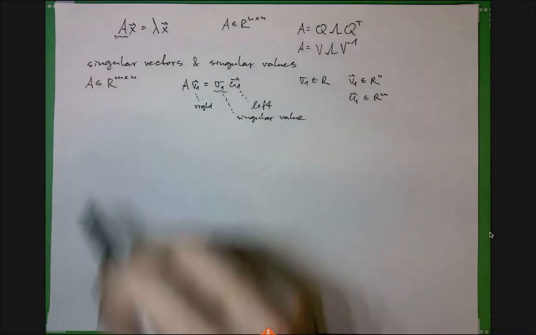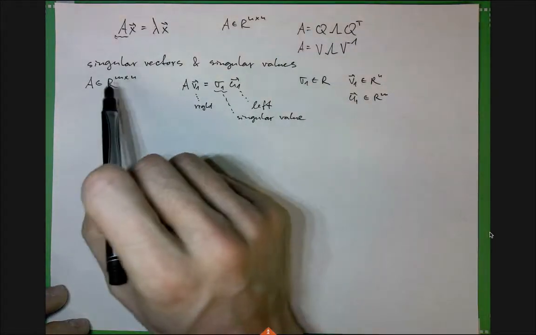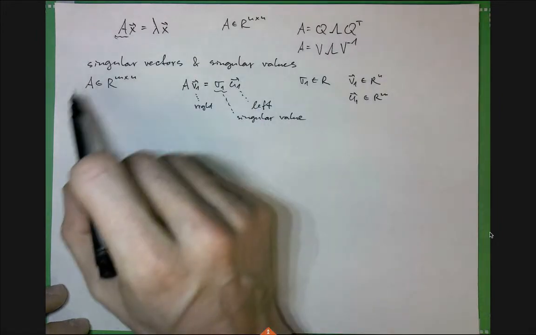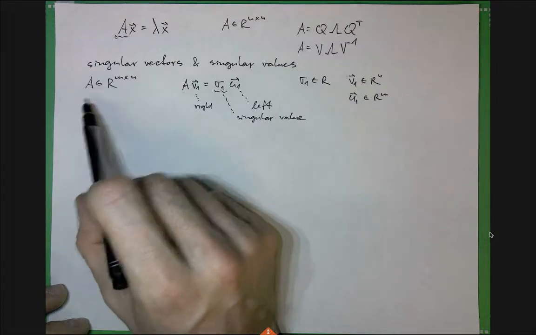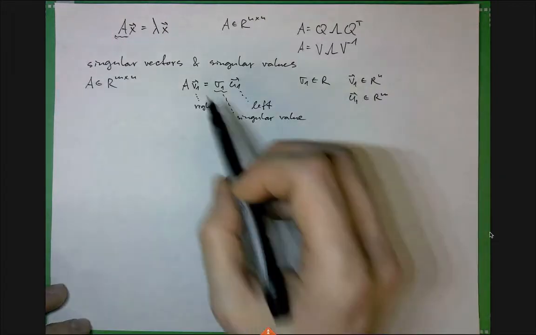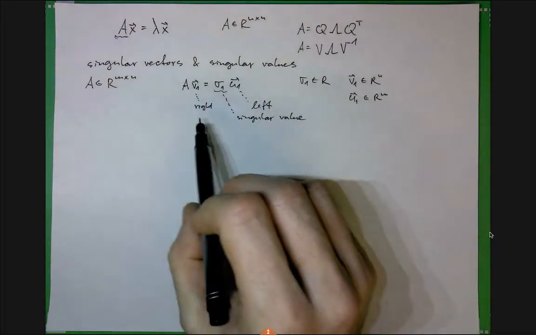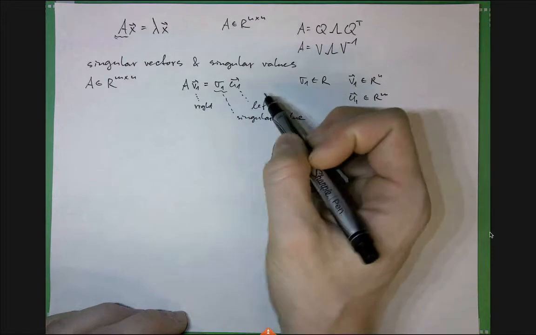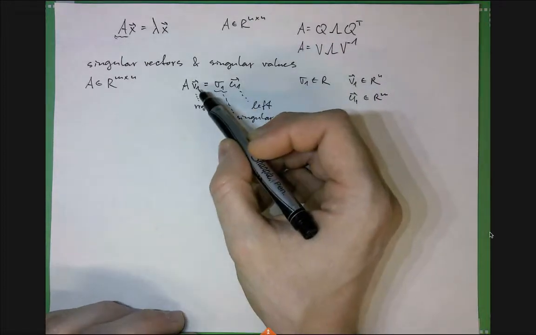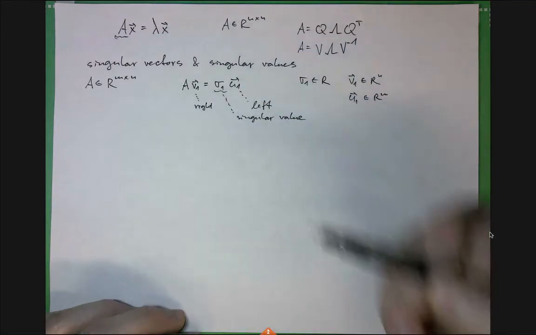So maybe I'll repeat it in case you came late so we are not completely lost. I'm explaining what singular values and singular vectors are for an arbitrary matrix. It can be absolutely arbitrary. I'm assuming a rectangular matrix. And singular vectors come in pairs. There's a right singular vector and a left singular vector, and they are coupled through this equation. If I multiply the right singular vector with my matrix, I get the corresponding left singular vector times the singular value.